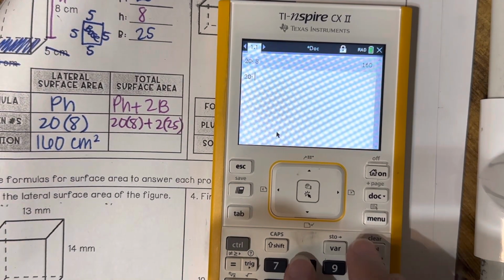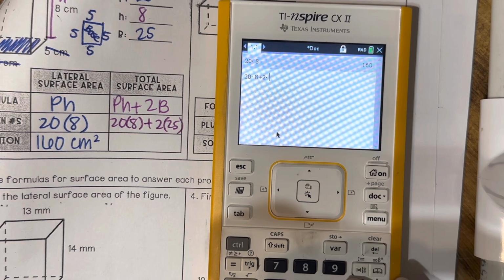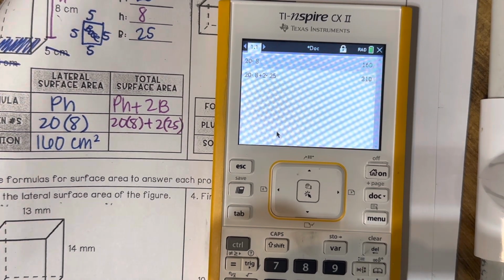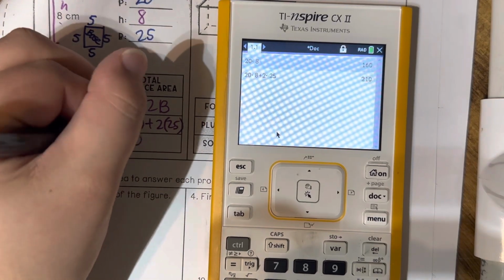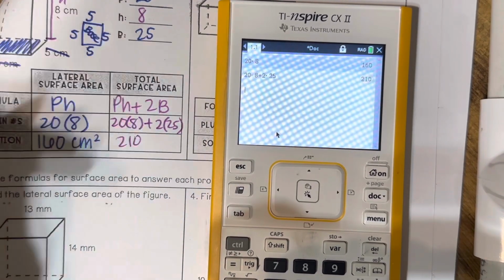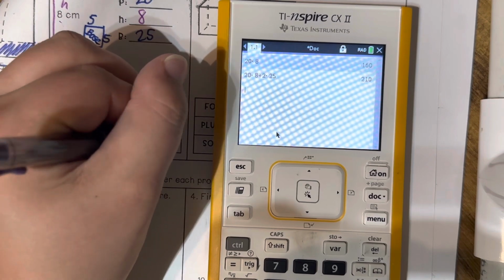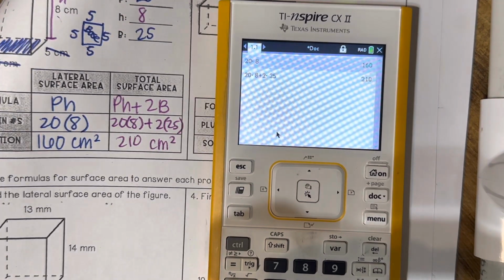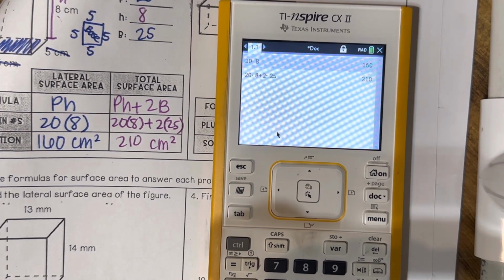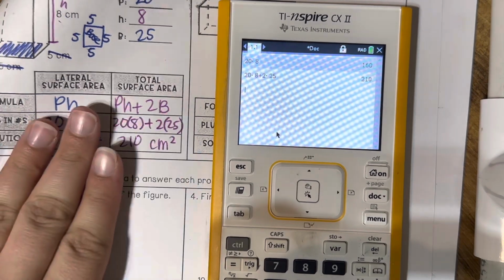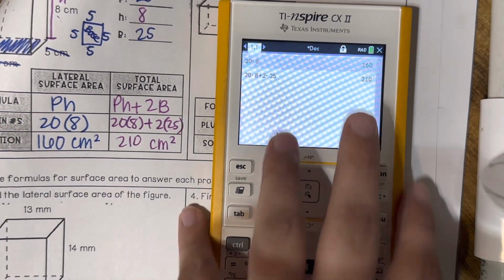So I have 20 times 8 plus 2 times 25. And I get 210 centimeters squared. And that is how you find the lateral and total surface area of a rectangular prism.